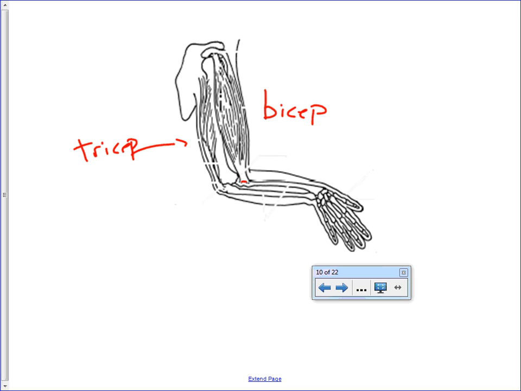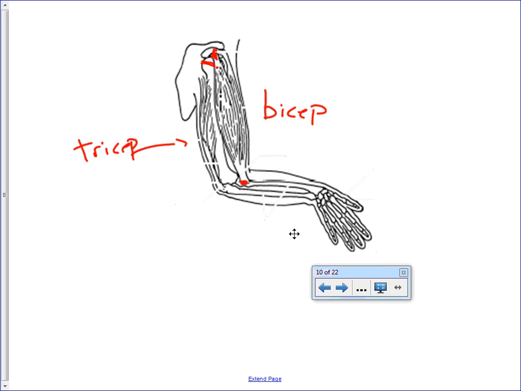So the bicep is connected right here to your forearm bone, to your radius, and up here to the top of the humerus or to the shoulder. It's actually called the bicep because there's biceps, two heads, two connections. Okay? So when you contract this muscle, it moves your arm up.